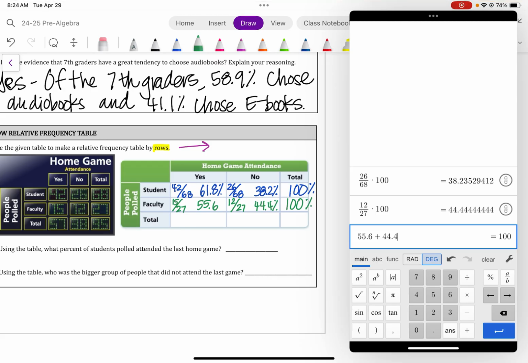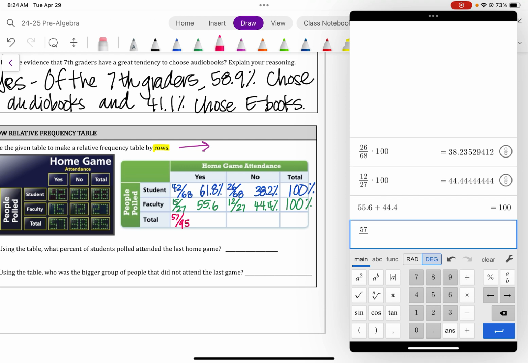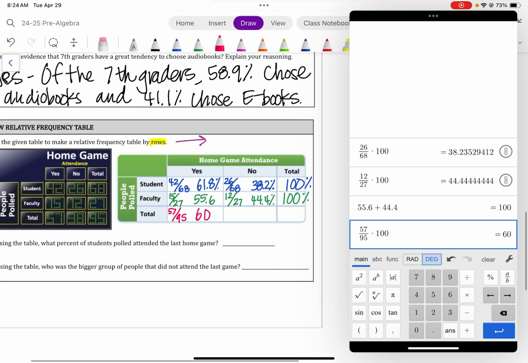Now, we want to see that there was 95 people in this grouping of all these students and faculty members. So how many total went? So 57 out of the 95 people attended. So 57 out of my total 95. We're going to multiply that by 100, and that's 60%. I know the next one's going to be 40 because that number is going to add to make 100%, but we can prove it with math.